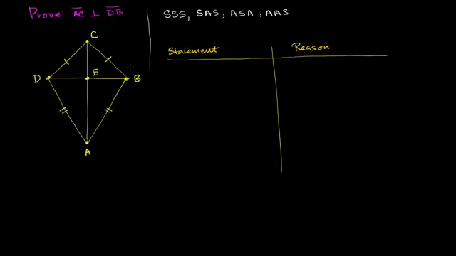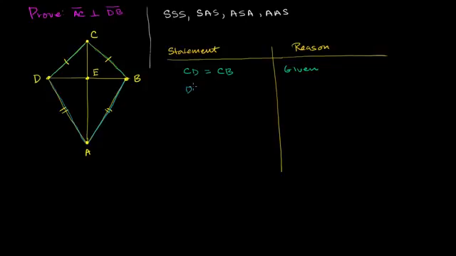So we have CD. The length of segment CD is equal to the length of CB, and that is given. So these two segments have the same length. We also know that the length of segment DA is the same as the length of segment BA.